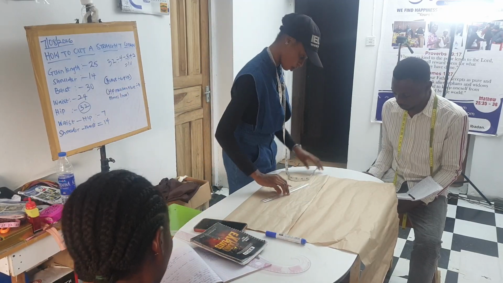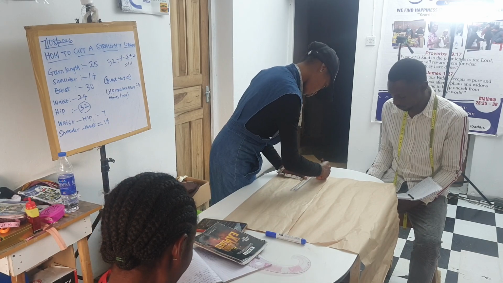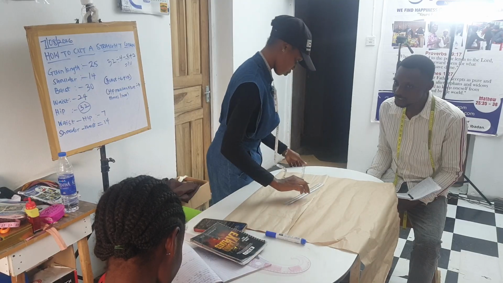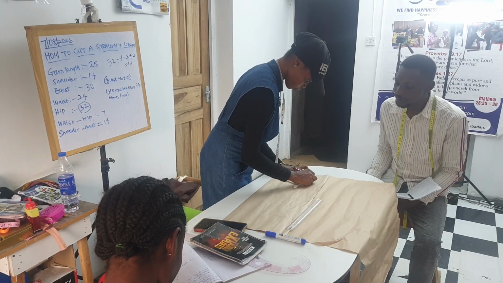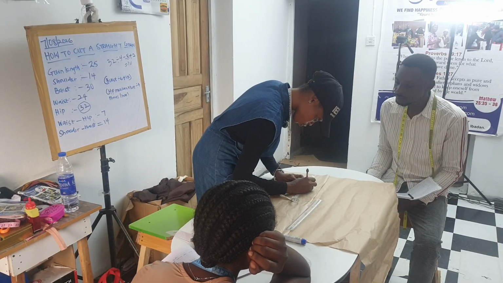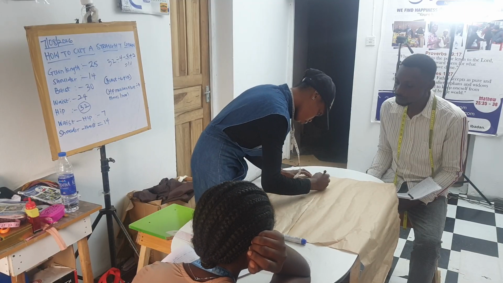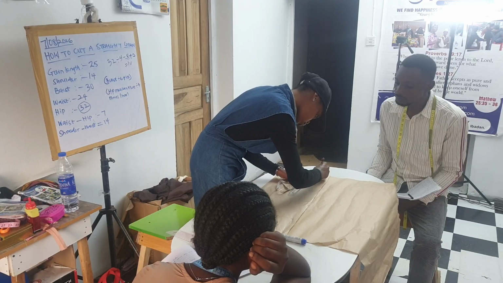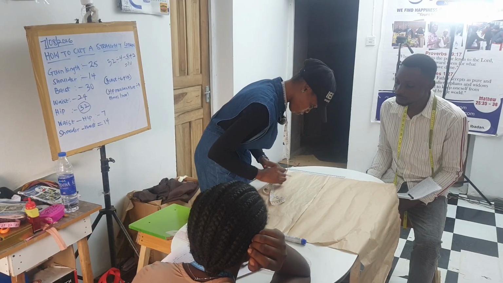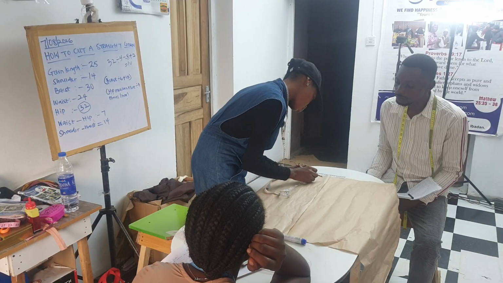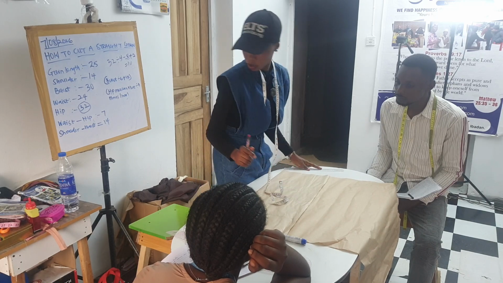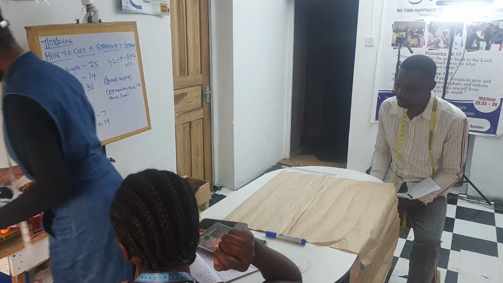So 30 divided by 6 plus 1.5 is what? 6.5. This line is not straight.